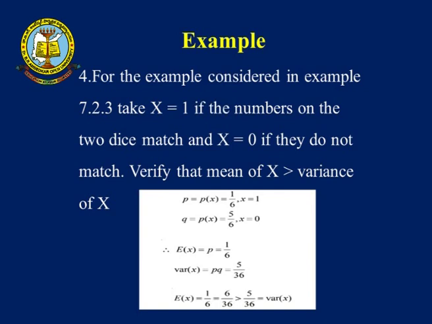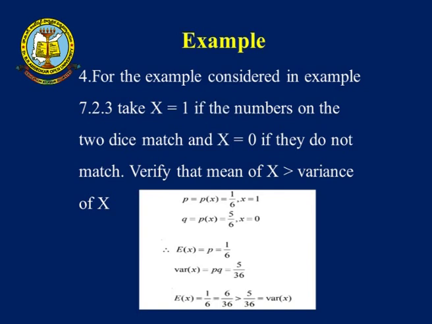What is the mean? Statistically, mean represents the expectation of x. Expectation of x is p, and variance of x is pq. Why p and pq? This is the 0 1 law. In the Bernoulli distribution, the mean is p and the variance is pq.